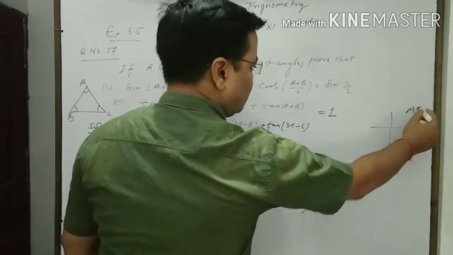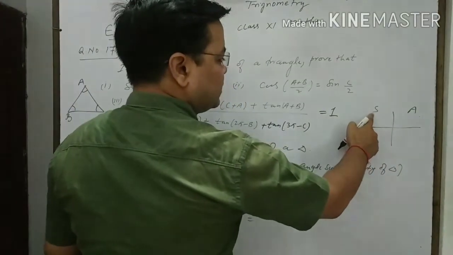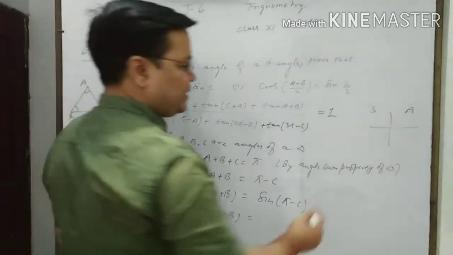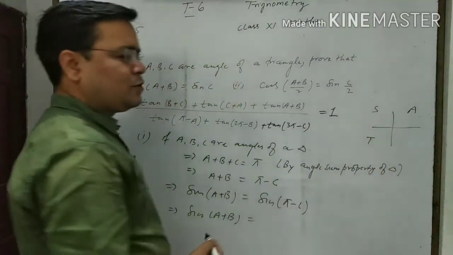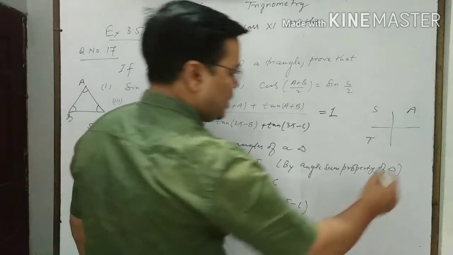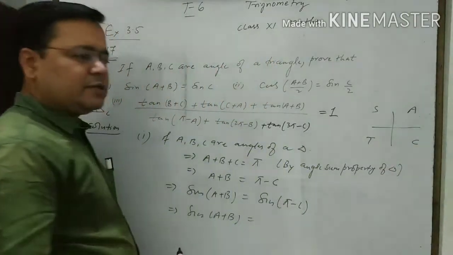In the first quadrant all are positive. In the second quadrant, sine and cosec are positive and others negative. In the third quadrant, tan and cot are positive and others negative. In the fourth quadrant, cos and sec are positive and others negative.